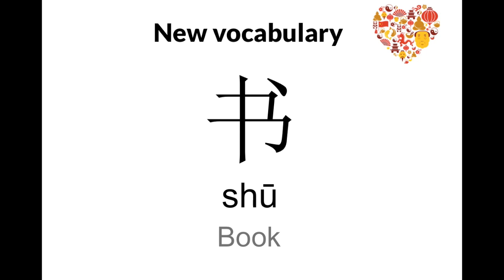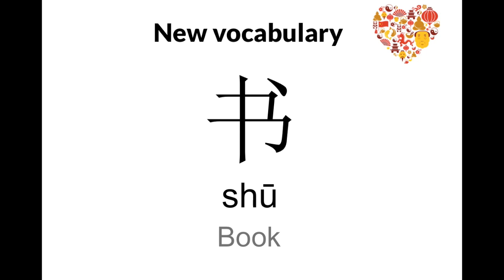So first off, we have this character, shu, first tone, meaning book. And I think this looks like two books being stacked on top of each other. Well, that's how I remember it. So, shu, first tone, book. And we know that book is a noun, and we know that when you count a noun in Chinese, you need a measure word.